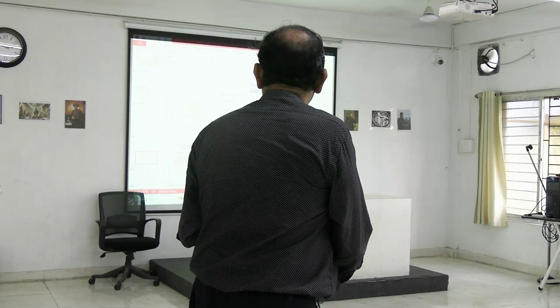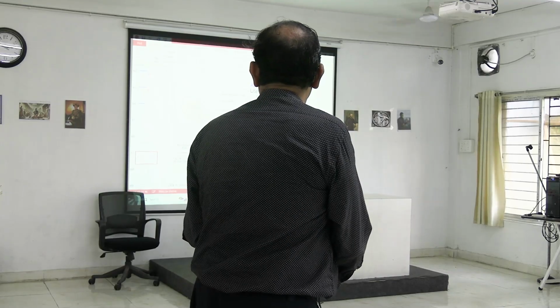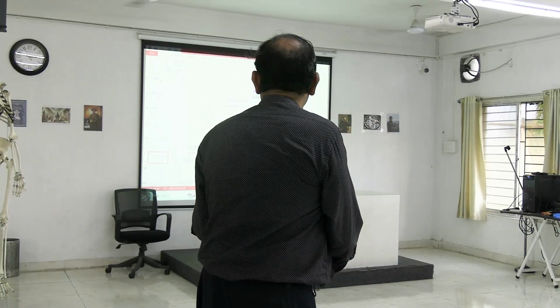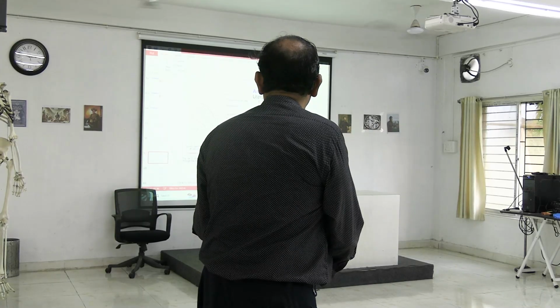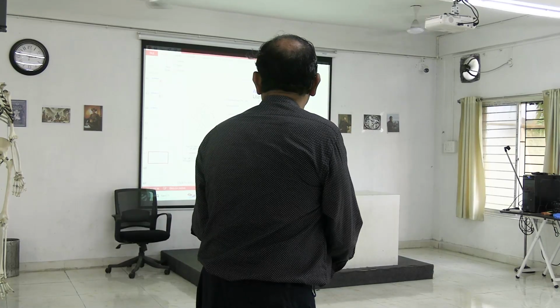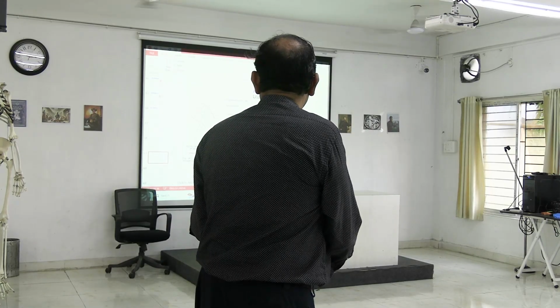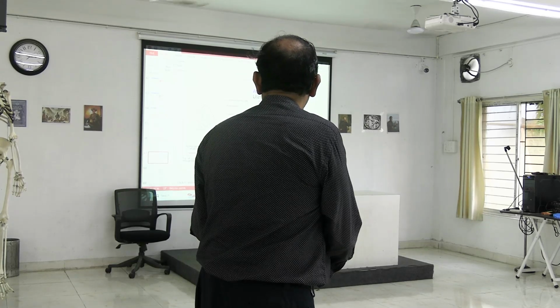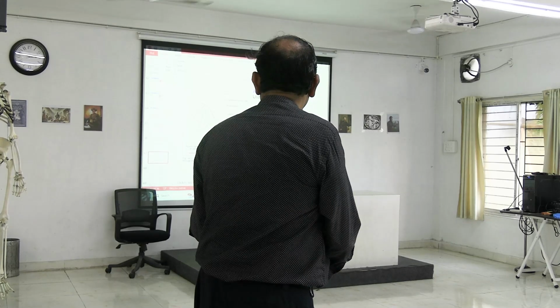Just below the fallopian tube, below and in front, we can get the round ligament. Below and behind, we can get the ligament of the ovary. And this is the anterior surface, and this is the posterior surface of the broad ligament.